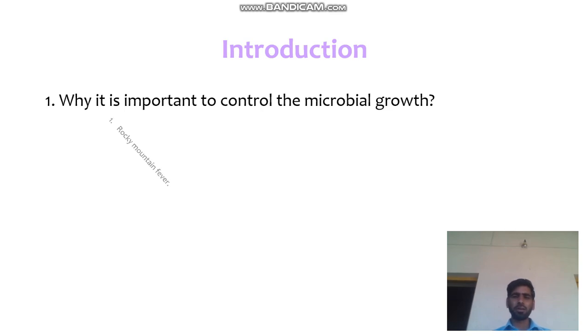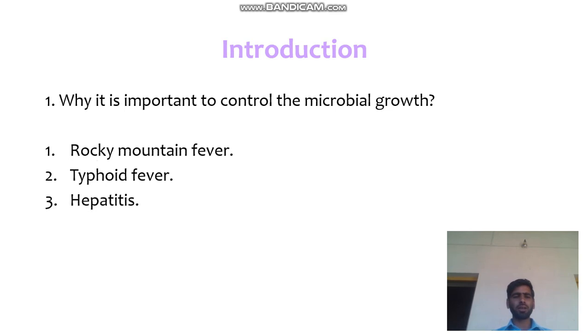For example, research shows that about 40% of deaths caused by typhoid fever are due to unsafe labs. Similarly, Rocky Mountain fever is responsible for more than 20% of deaths, which are mainly caused by unsafe lab techniques.